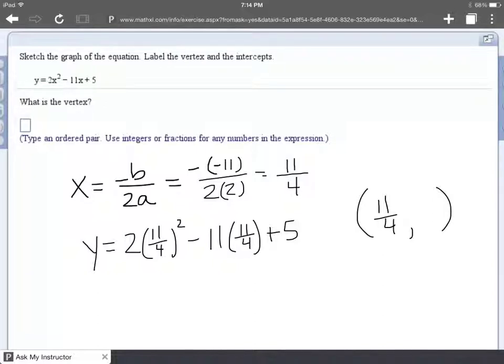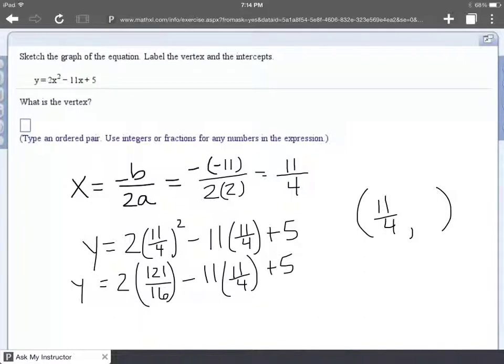So if we square this, squaring 11 is 121. Squaring 4 gives you 16. So that's 121 times 16. And we're going to double that, because it's times 2. And then we have 11 times 11/4. I guess I could have gone ahead and done that. 11 times 11 again is 121.